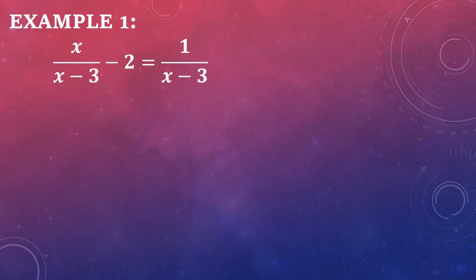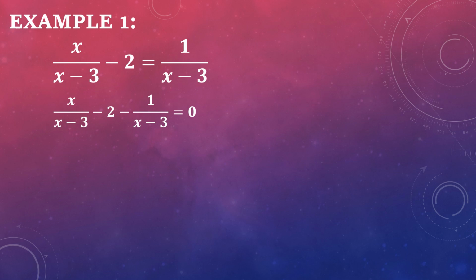But before we do that one, we first transfer 1 over x minus 3 to the other side of our equation, then equate it to 0. Take note that as we transfer an expression or an integer to the other side of our equation, the signs will change. So we have here our new equation, x over x minus 3 minus 2 minus 1 over x minus 3, which is equal to 0.